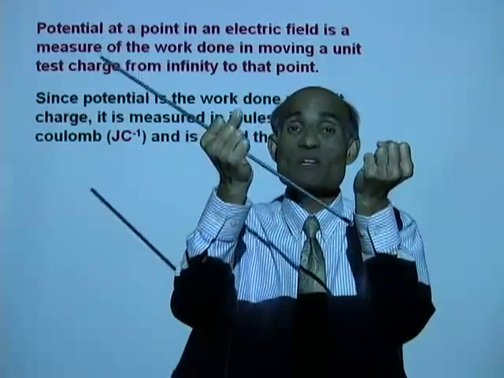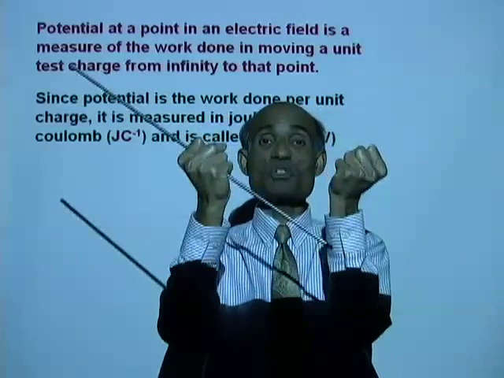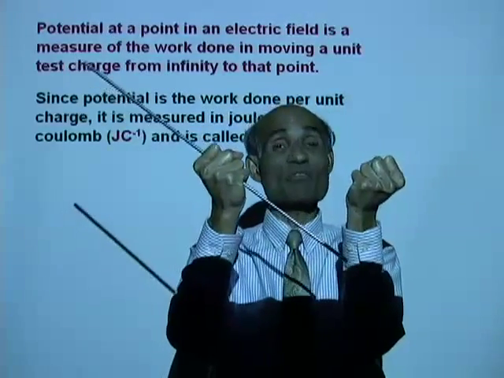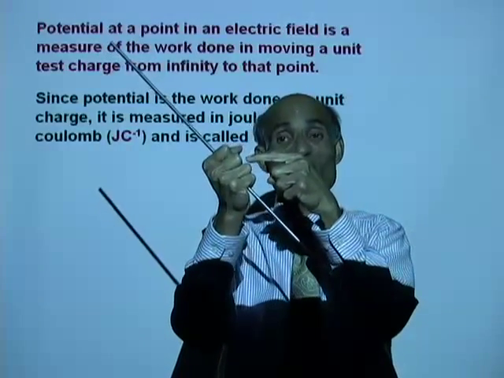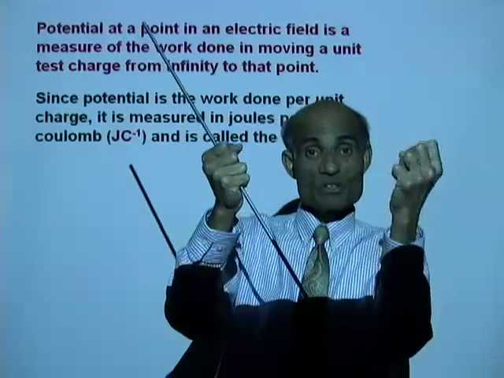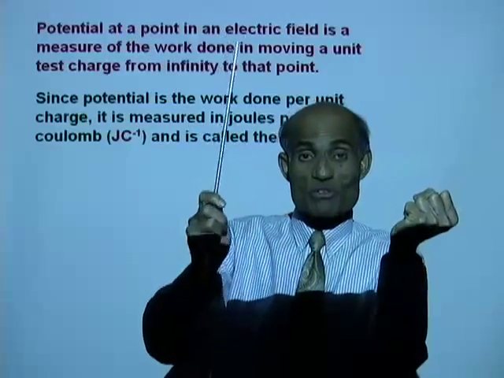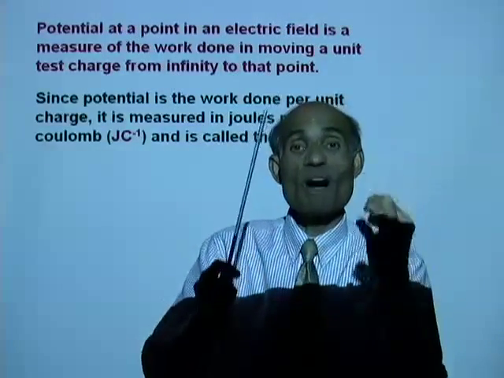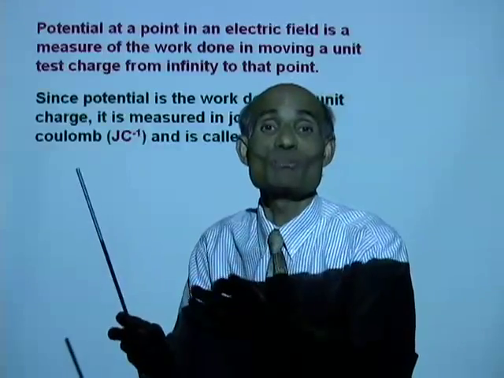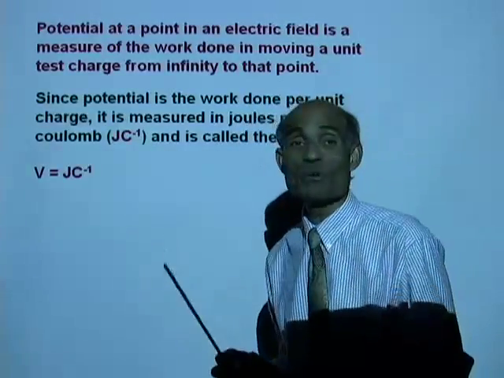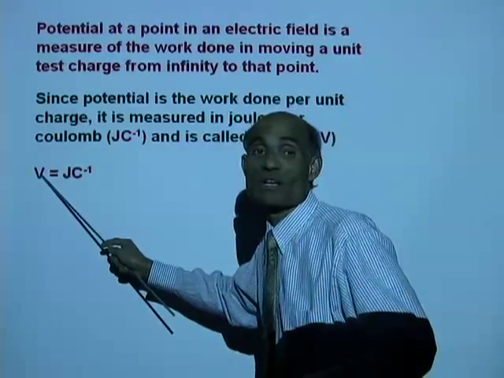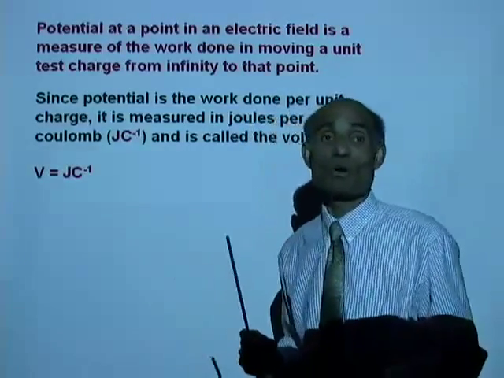What is the meaning that the potential difference between two points is 5 volt? It means to move a unit test charge from one point to the other, you need to do an amount of work of 5 joules per coulomb. Alright? So keep these ideas alive in your mind. Volt is joules per coulomb.